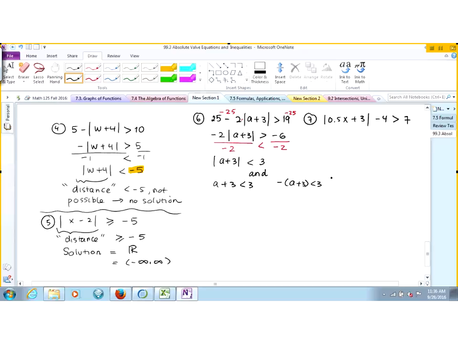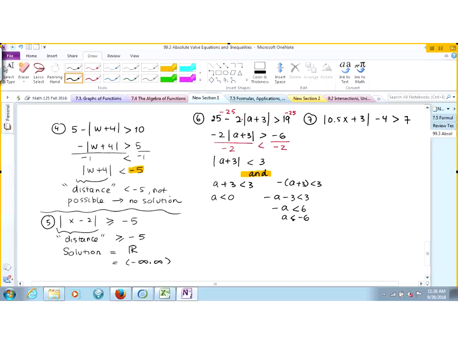So a plus 3 is less than 3, and negative a minus 3 is less than 3. Negative a is less than 6. A is less than -6.